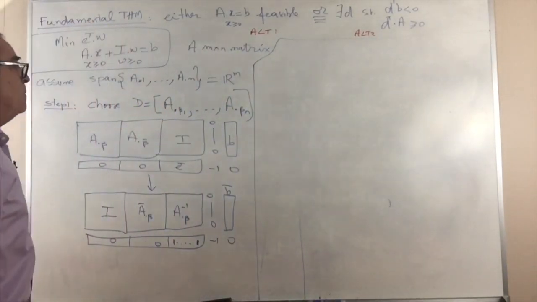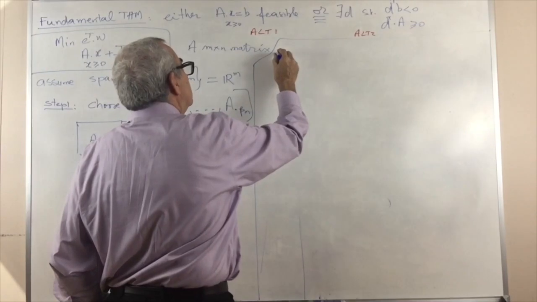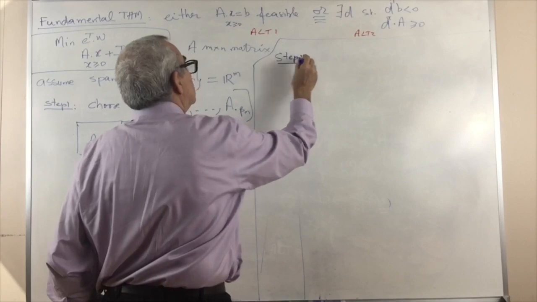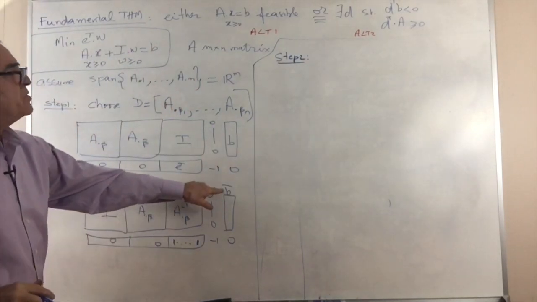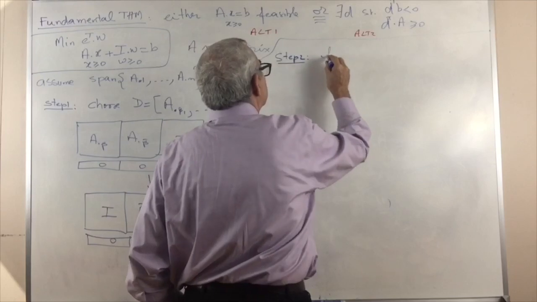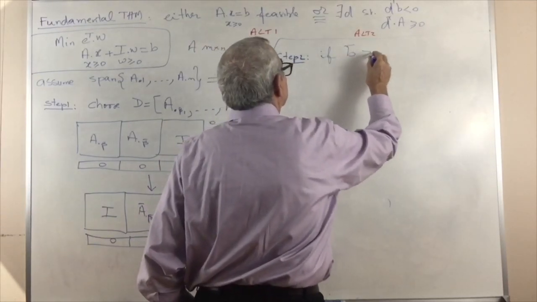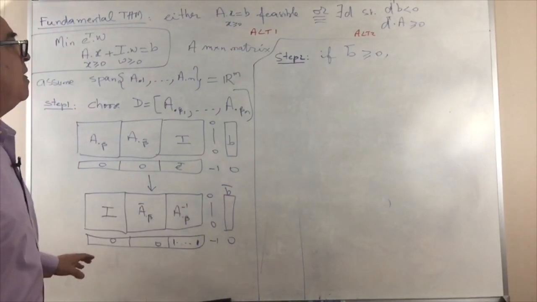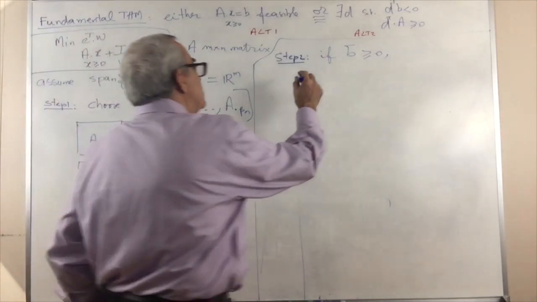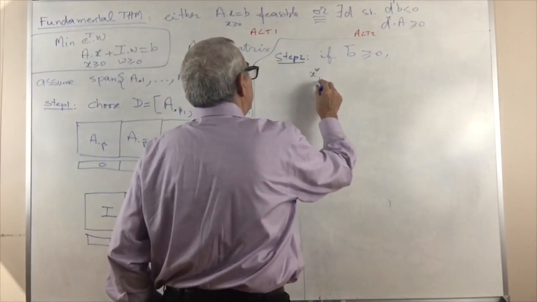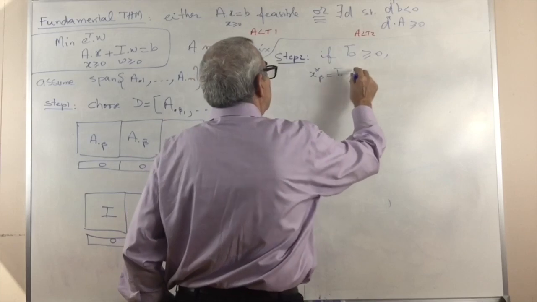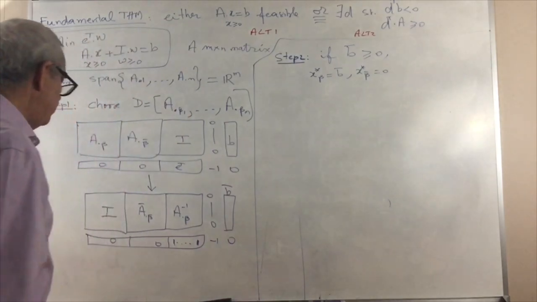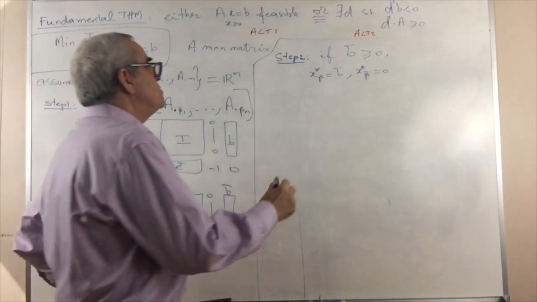Okay. Now, step 2. If B bar is greater or equal to 0, all right, if it happens that the right-hand side is greater or equal to 0, then if we set X star of beta equal to B bar, X star of beta bar equal to 0, right? And then here the W equal to 0, of course.